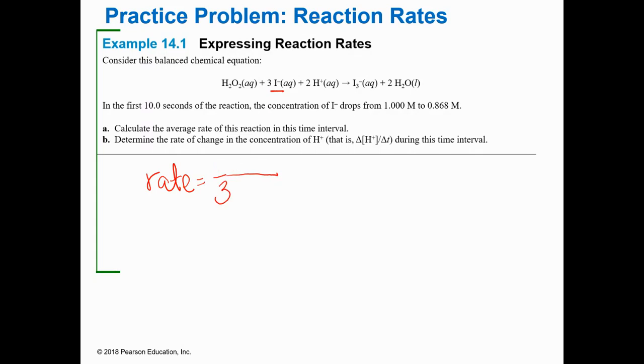Remember, sorry, it's final minus initial. So it's 0.868 minus 1 over our 10 seconds. And this is a reactant, so it's going to be negative.